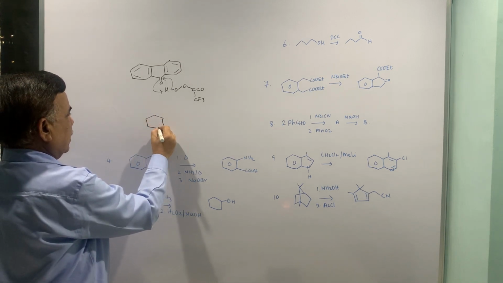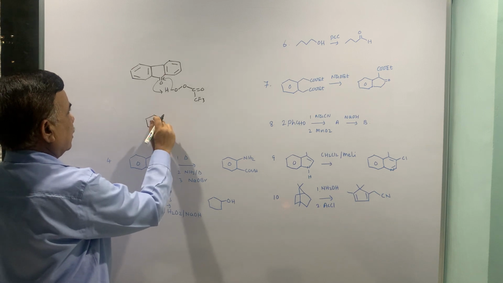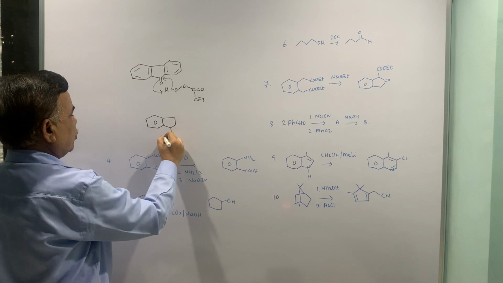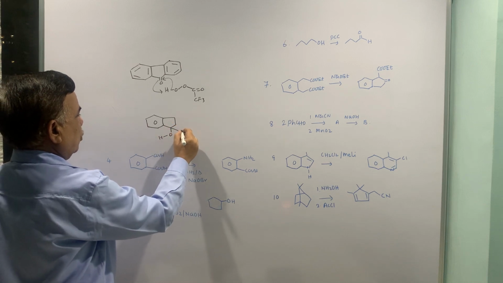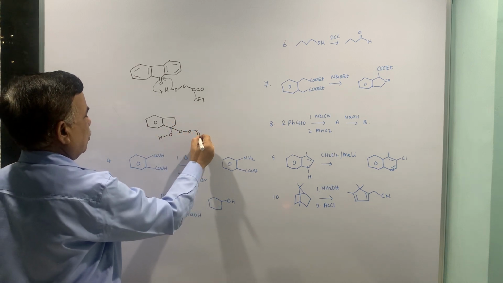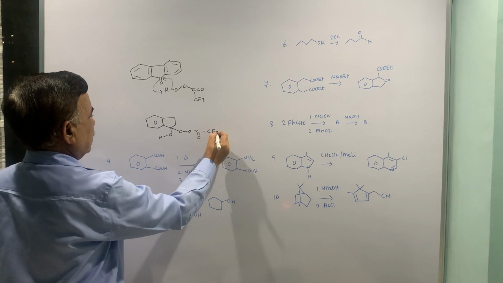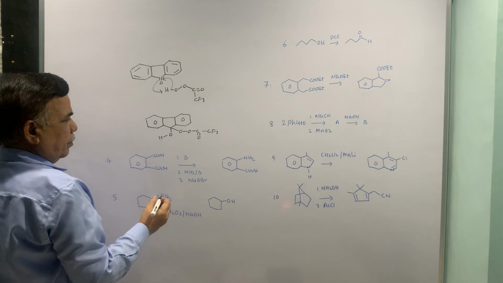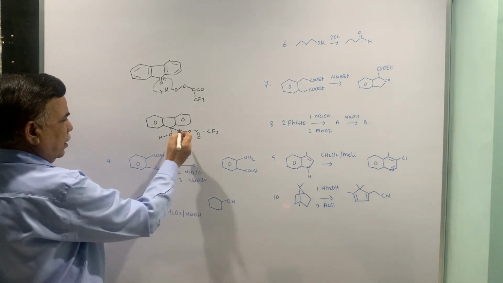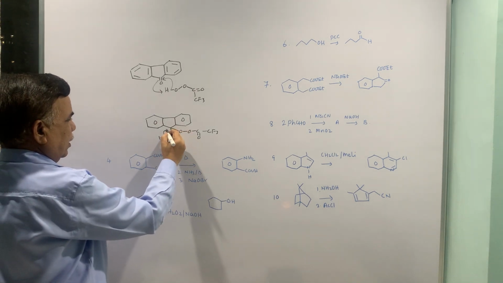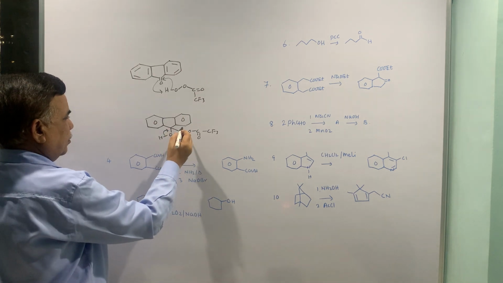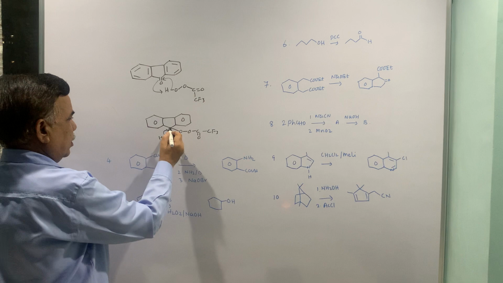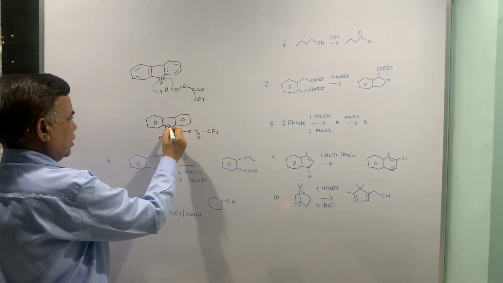The intermediate I am putting OH, O, COCF3, and this ring is intact. Okay. Now what happens? This comes here, and now you can show the migration of this group.